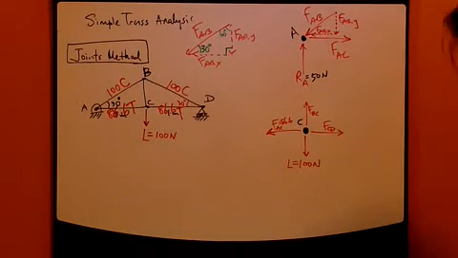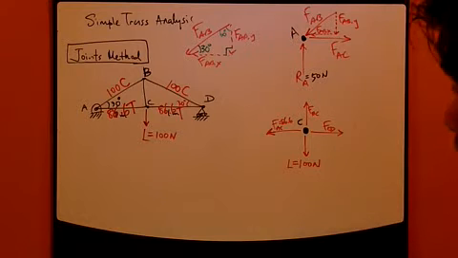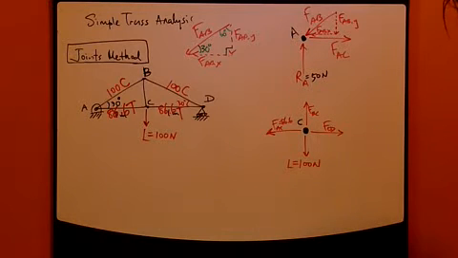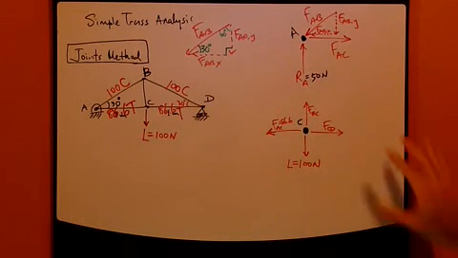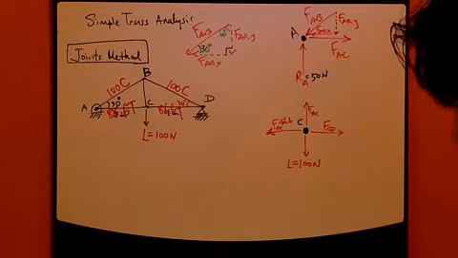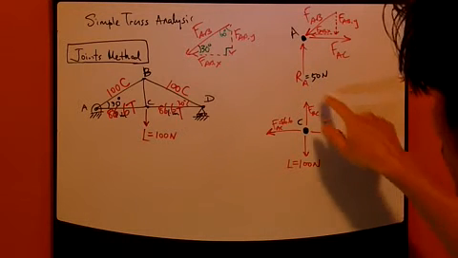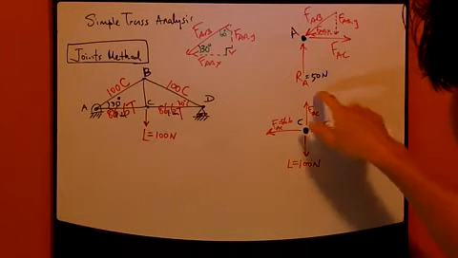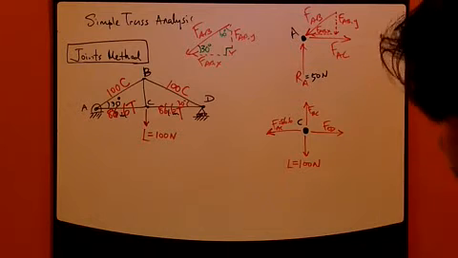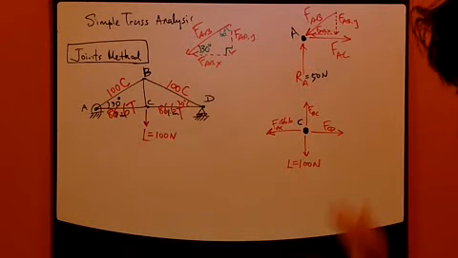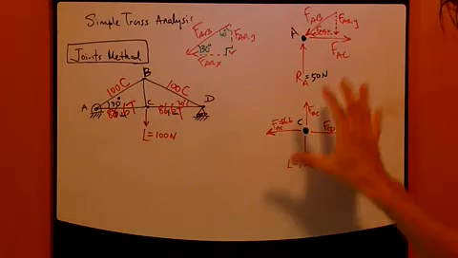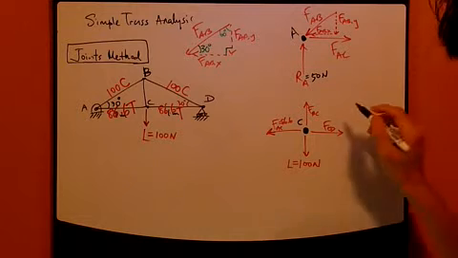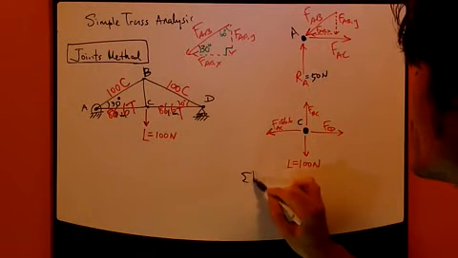FBC naturally has to go up. That's the only way to be in equilibrium. So, knowing that these two forces are pointing these directions, now this free body diagram is complete.